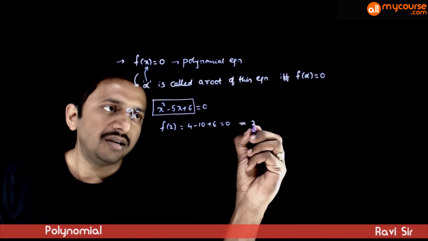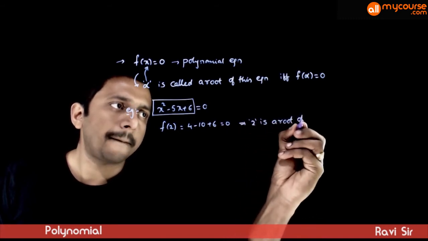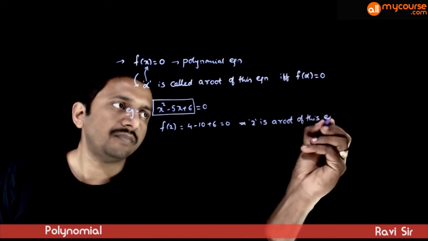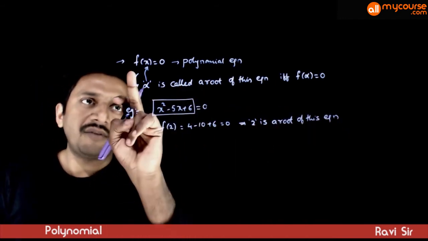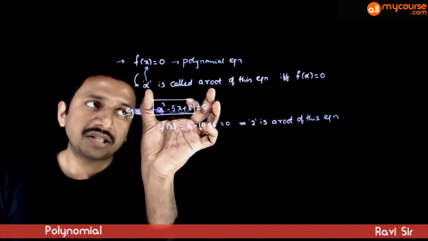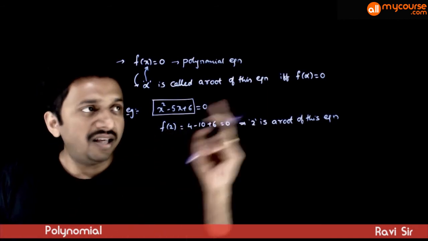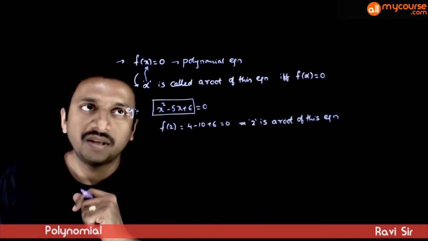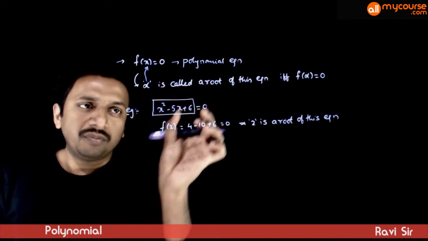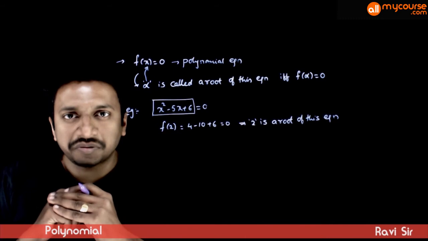This implies 2 is a root of this equation. So this works both ways. Alpha is called a root if f of alpha is equal to 0, and if f of alpha is equal to 0, then alpha is called a root. This is the meaning of the root of an equation.